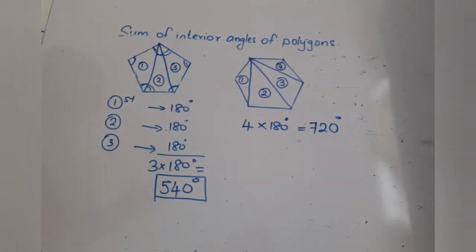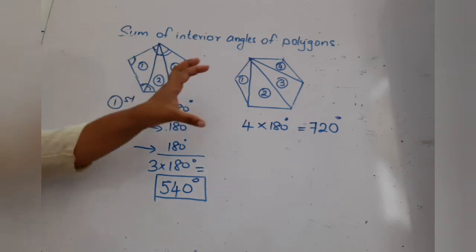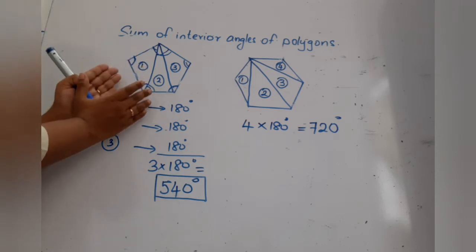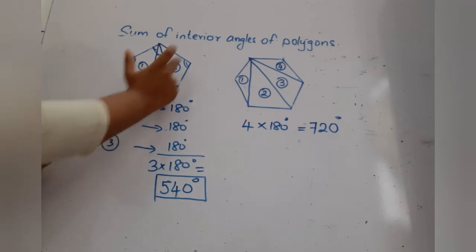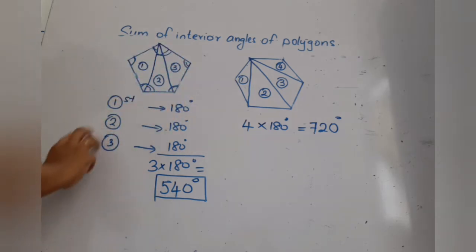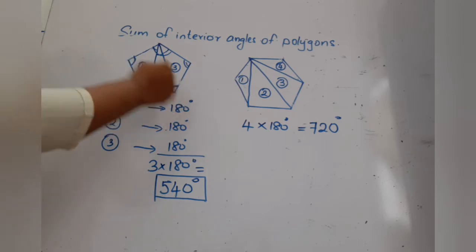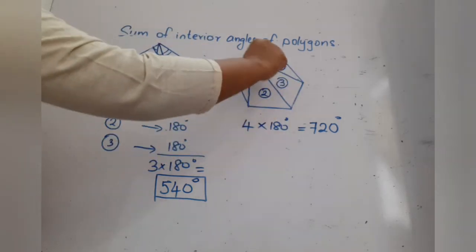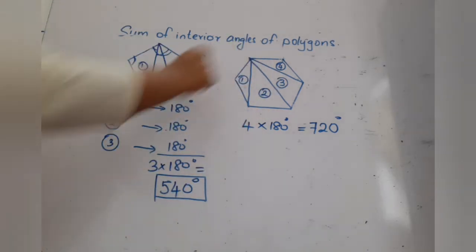So this is how you find the sum of interior angles, but we are not going to draw this and find it out. We have a formula for that. So let us obtain the formula. As you see, a 5-sided polygon has 3 triangles, and this 6-sided polygon, the hexagon, has 4 triangles.